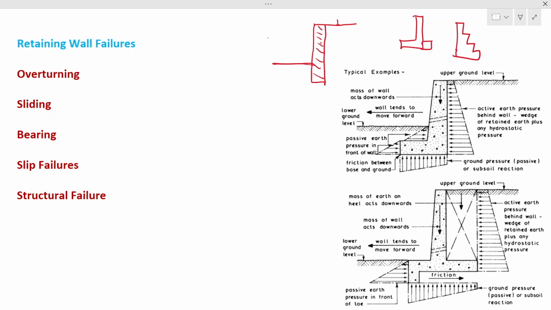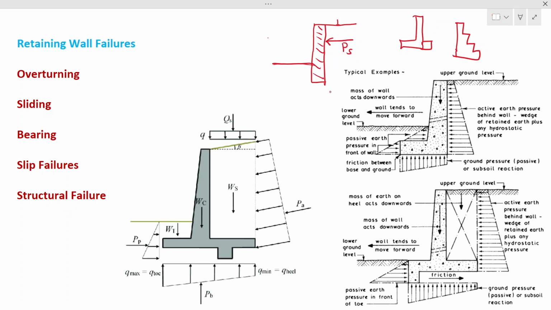Now, the fundamentals of this: we have the soil pressure in this direction. This is P soil, and then you have the weight of the retaining wall, F retaining wall. Those are the two forces applied. The soil force may also include water pressure and surcharge load.